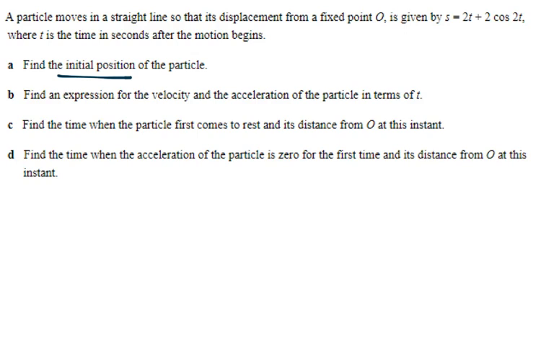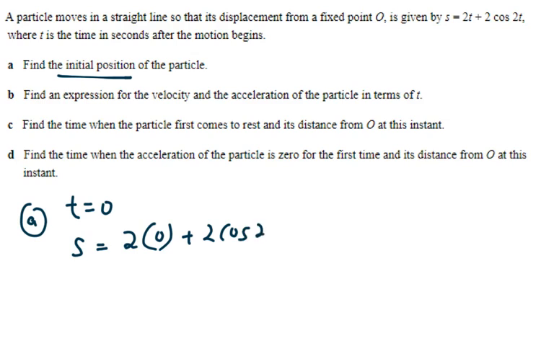In this case, it says the initial position of the particle. So initial refers to t equals 0. Now we intend to find the value of s. What is the displacement when t is equals to 0? Substitute t equals 0 in your equation of s, plus 2 cosine of 2 times 0.